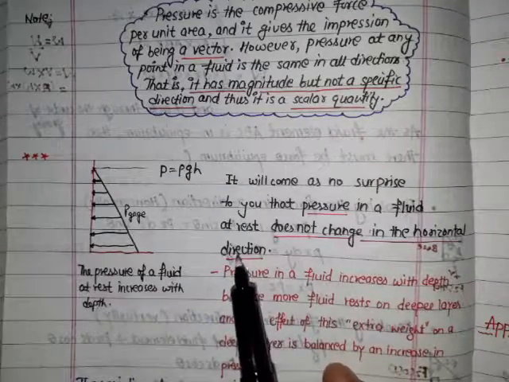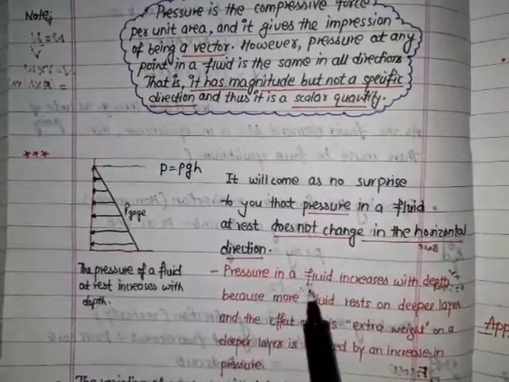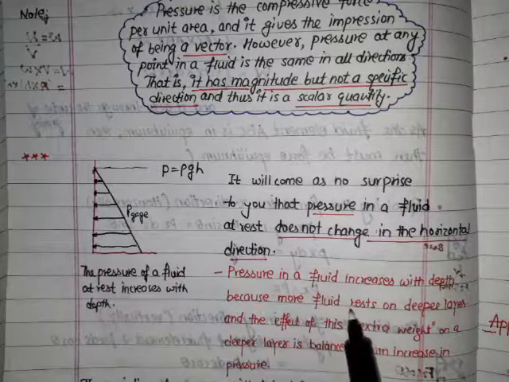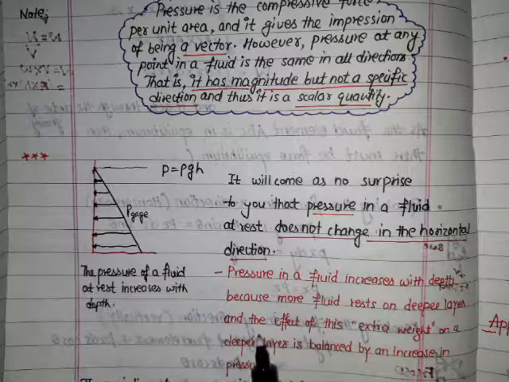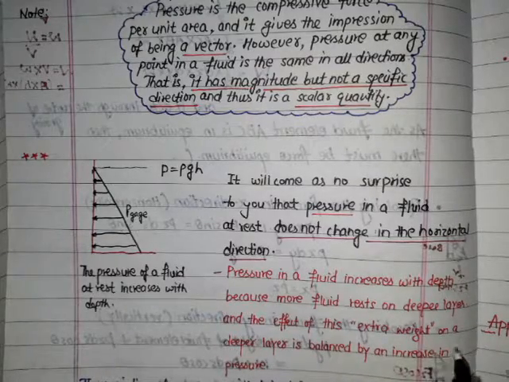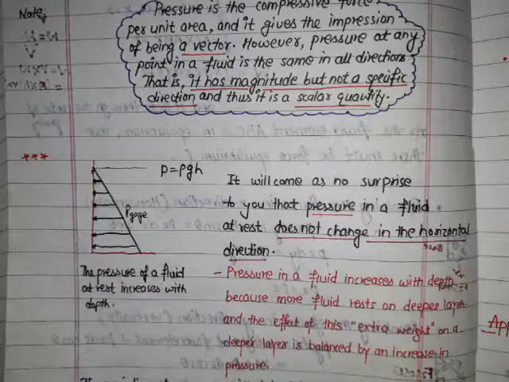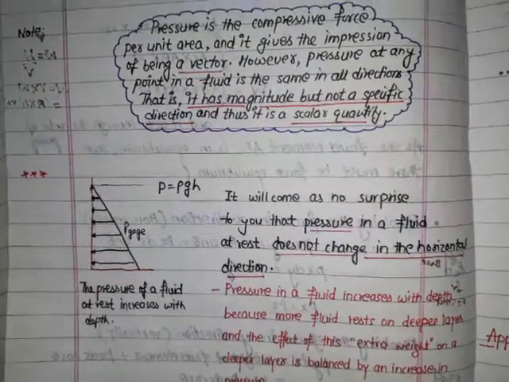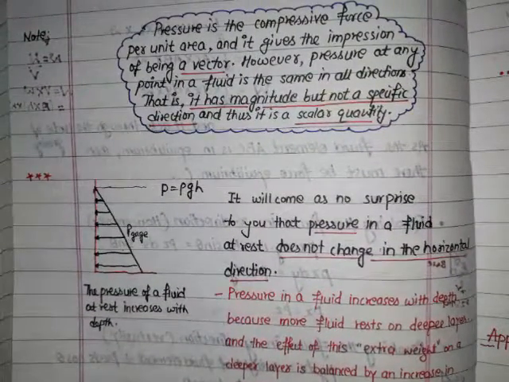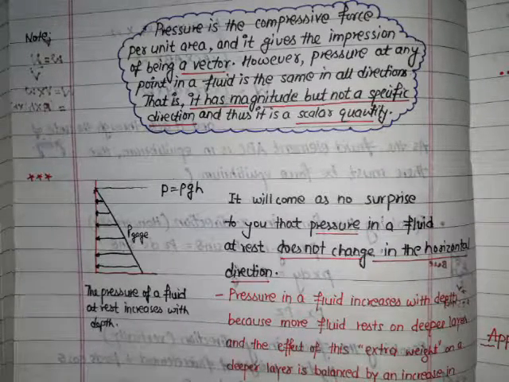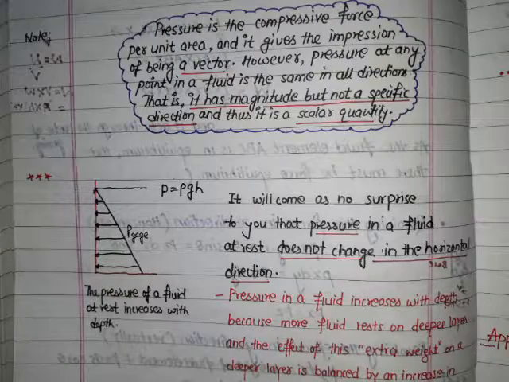In horizontal direction it remains constant, and pressure in a fluid increases with depth because more fluid rests on deeper layers, and the effect of this extra weight on a deeper layer is balanced by an increase in pressure. So in this video we have learned how to derive the result of Pascal law.